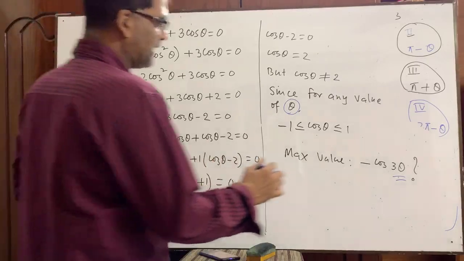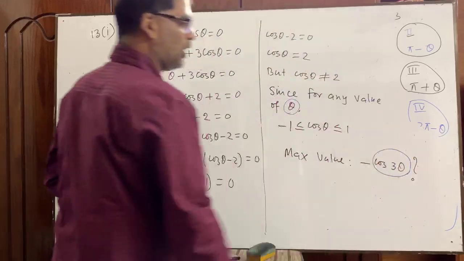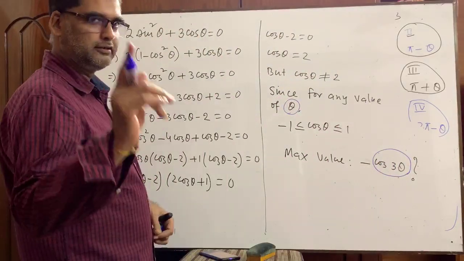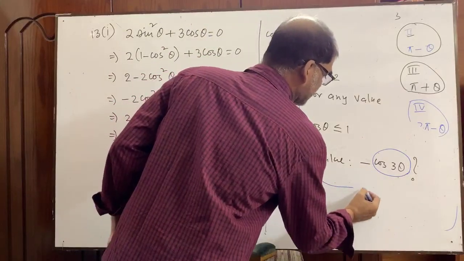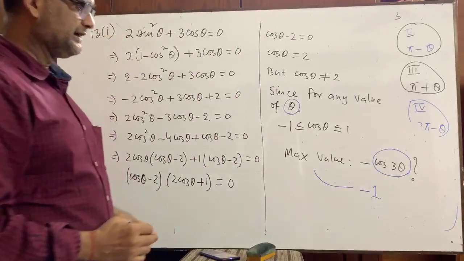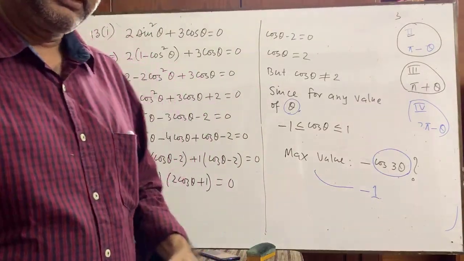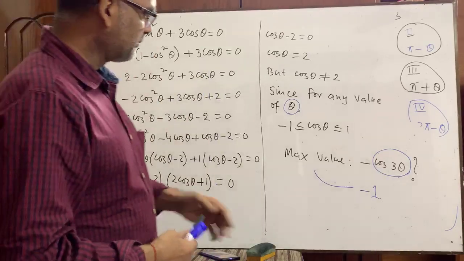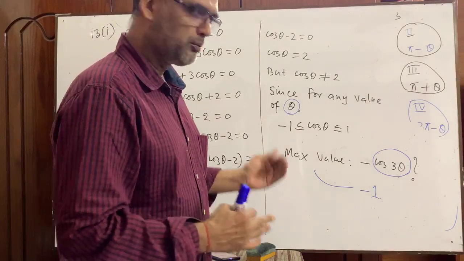So the maximum value of cos 3 theta equals to what? 1, right? So its answer will be this minus. Answer is minus 1. It is the most important MCQ to be given in your examination. I repeat, maximum value of minus cos 3 theta is equal to what? Minus 1.